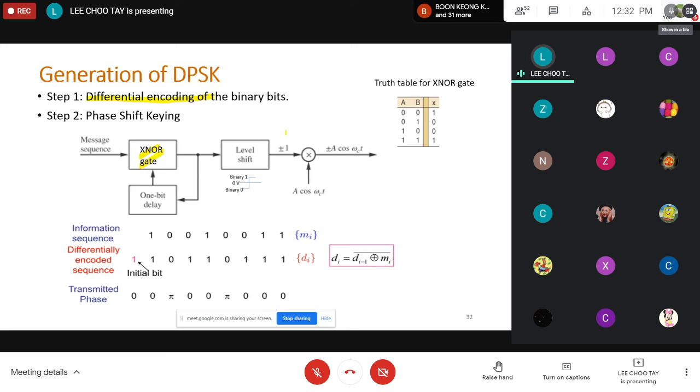If the two inputs are the same, it produces a one at the output. If the two inputs are different, then the output will be zero.